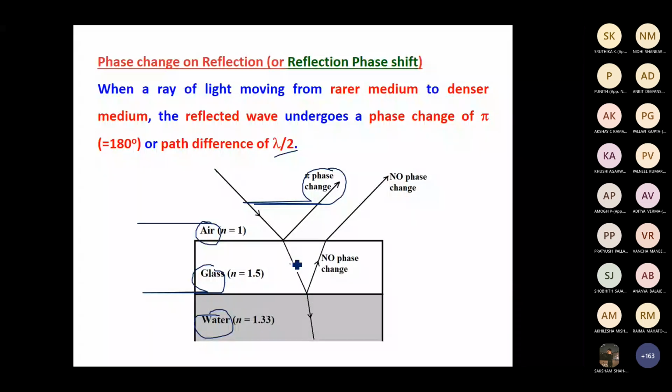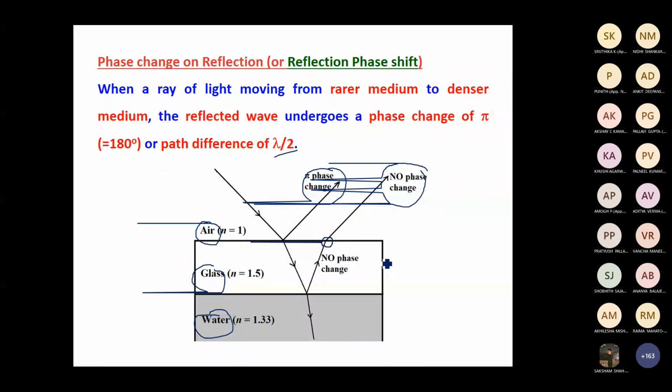So the light is traveling in a denser medium and getting reflected from the rarer medium. There is no reflection phase shift here, and at this position there is only refraction. Phase shift takes place only upon reflection. So the ray comes out without a phase change. Phase change takes place only when light is moving from a rarer medium to a denser medium and gets reflected.